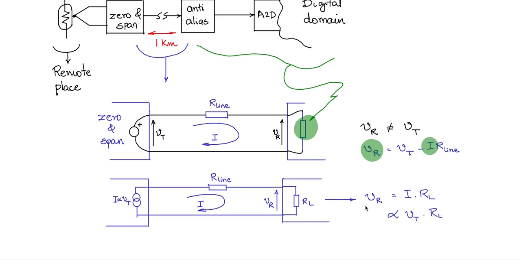So you see that Vr is proportional only to Vt, and therefore the precision or the accuracy of the entire system is maintained, even though there is a long transmission line of the signal coming into the picture.